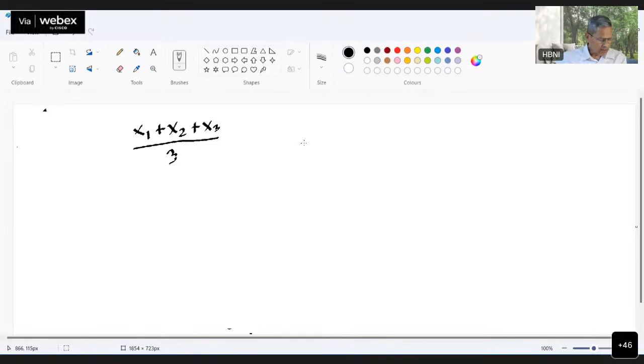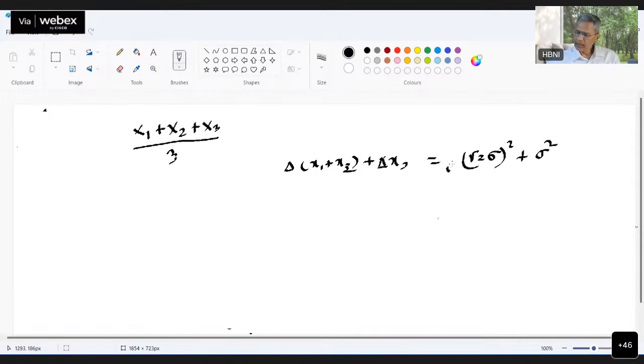If you want to calculate just the error in the sum, you take the error in x1 plus x2 and the error in x3, which can be written as the square root of 3 sigma square, that is root 3 sigma.